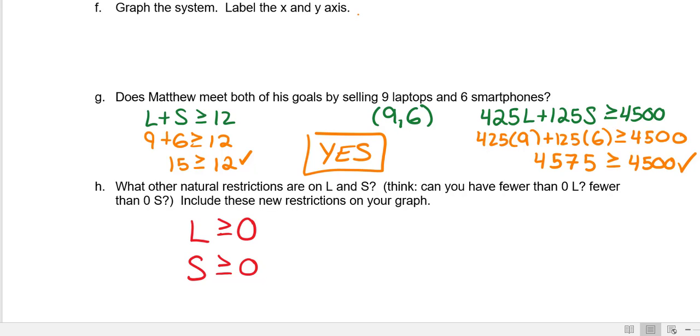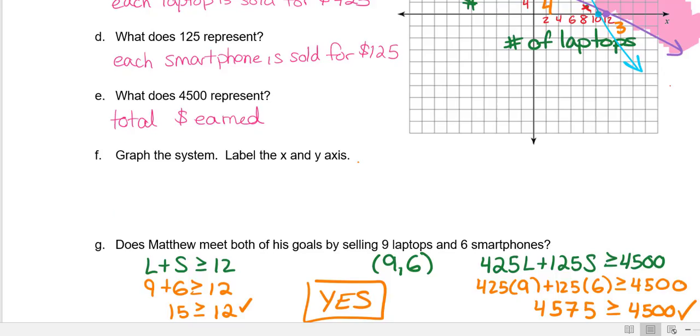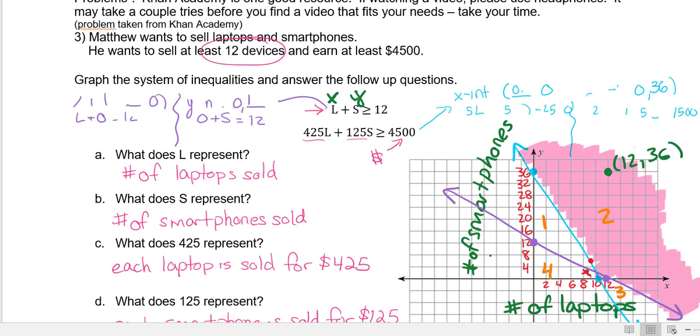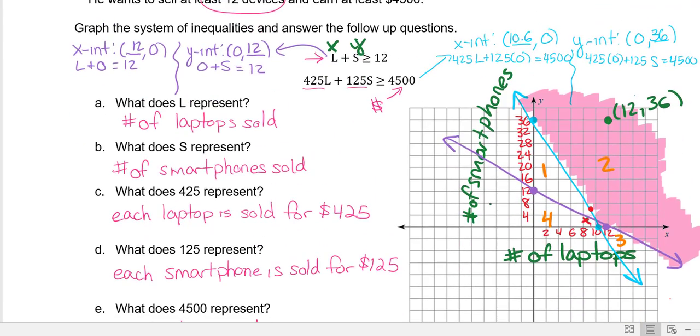And both of these two equations are just going to be a horizontal and vertical line. My L values represent my X values, so that's going to be a vertical line. And since my S values represent my Y values, that's going to be a horizontal line, which are just my X and Y axes. So again, if I go back up to my graph here, my restrictions, if I'm adding those into my graph, I actually am graphing that I can't pass this or this on my graph.